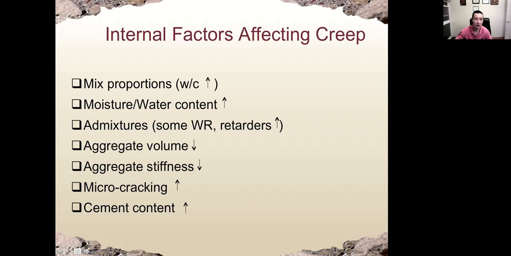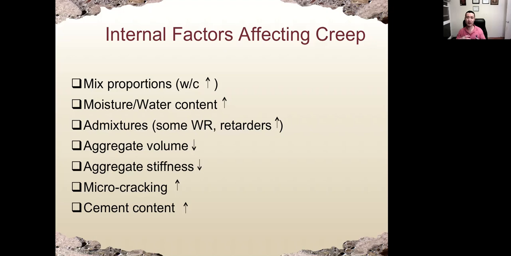Okay. Chemical admixtures, some water reducing admixtures and retarders may increase creep. Okay. For aggregate, more aggregate volume will reduce creep. Okay. It will also reduce drying shrinkage. Creep is also a paste phenomenon, which means aggregate will not creep.